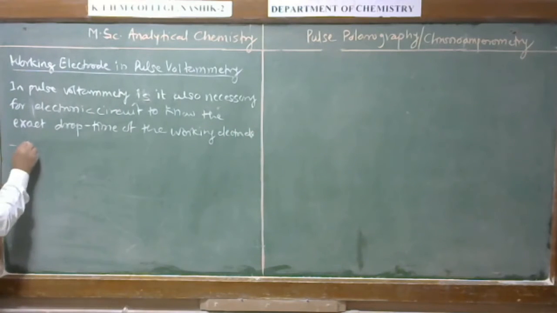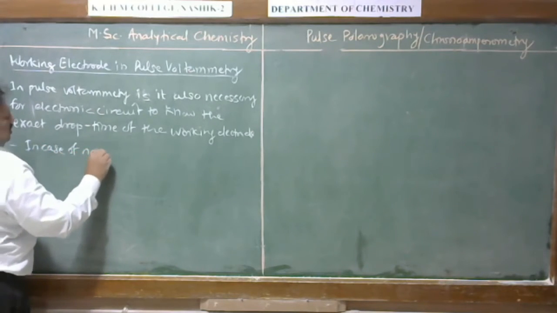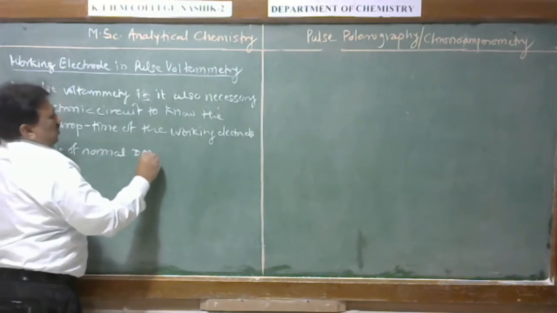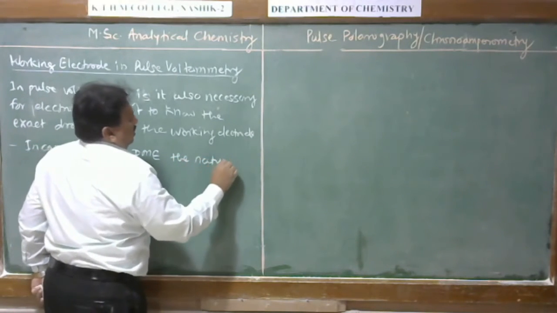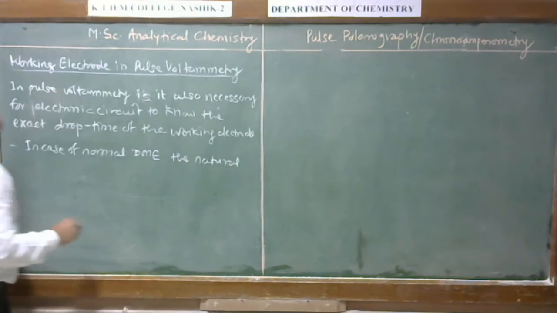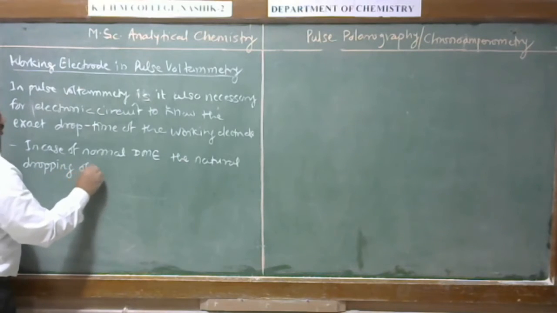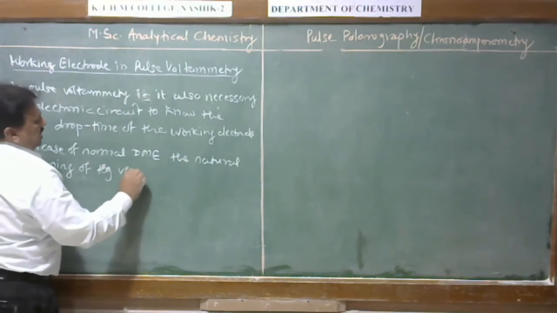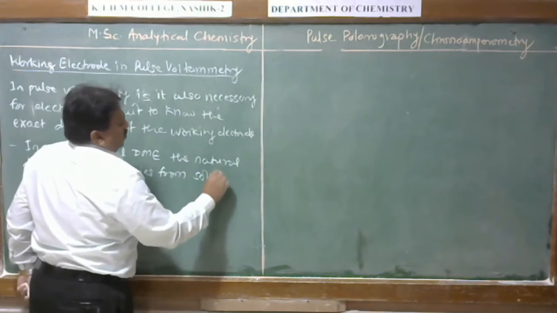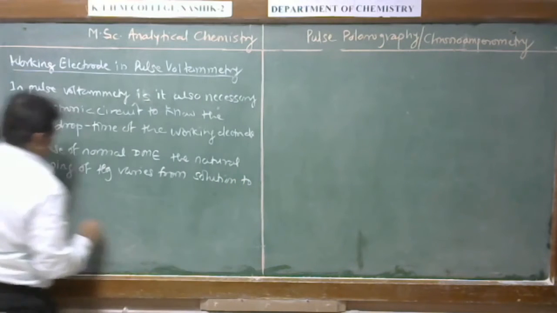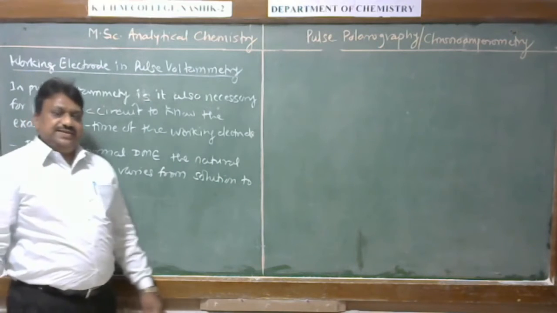In case of normal dropping mercury electrode, the natural dropping of mercury varies from solution to solution, because here different solutions have a different density.